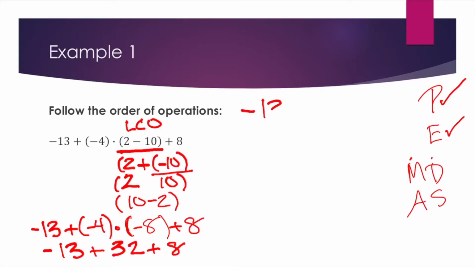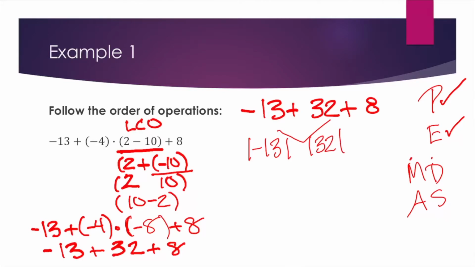I'm going to write it again over here so I have space. Okay, so I'm just going to take 2 integers at a time. I find the absolute value of negative 13 and the absolute value of 32. They are different signs, so I have to subtract them.